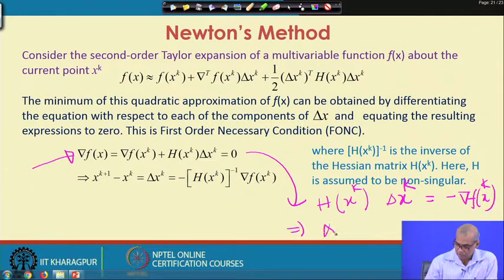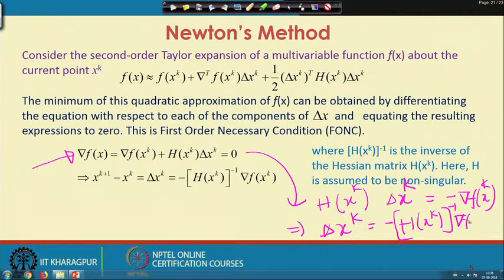So, delta x k is obtained as minus H x k inverse times gradient f at x k. So, this expression is obtained, which is the recursive formula for the increment of the current estimate of the minimum.